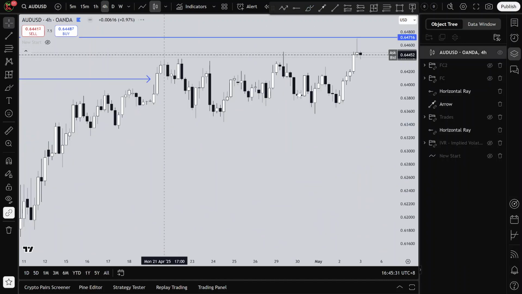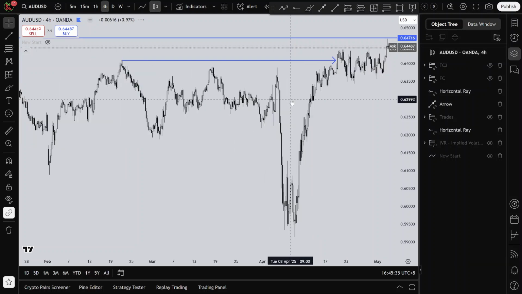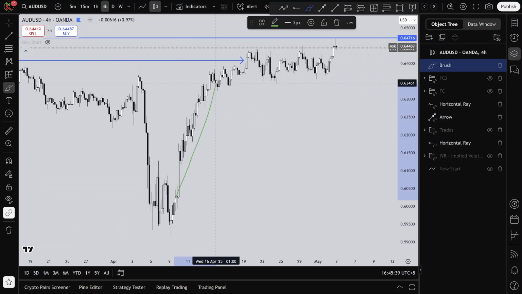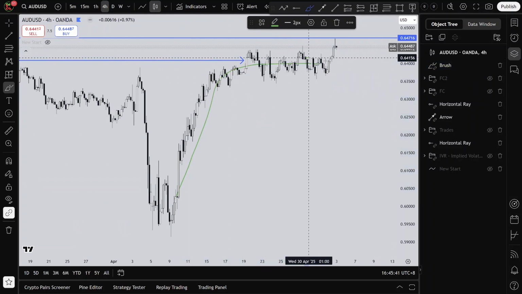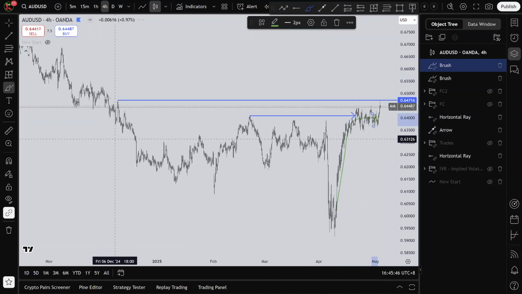Going down to the 4-hour time frame, we can clearly see that we had a nice momentum run, and here now price is stalling and lost some momentum, and we are approaching this little bit smaller area of interest. It's not a very significant one.